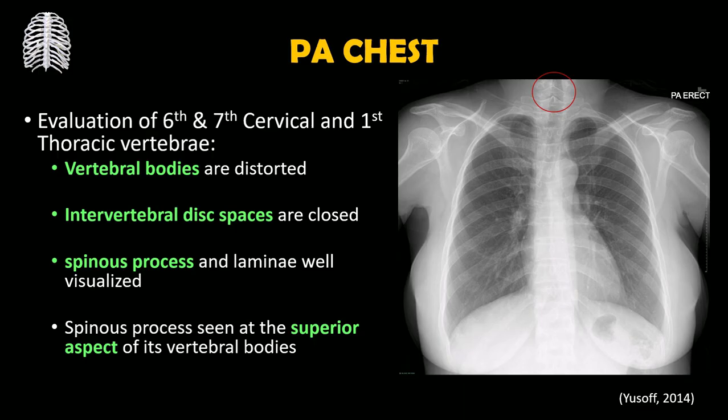The intervertebral disc spaces will appear closed and spinous process and laminae are well visualized. In addition, in PA chest X-ray, the spinous process of C6, C7 and T1 will be seen at the superior aspect of its vertebral bodies.